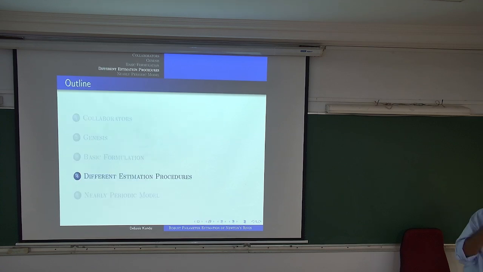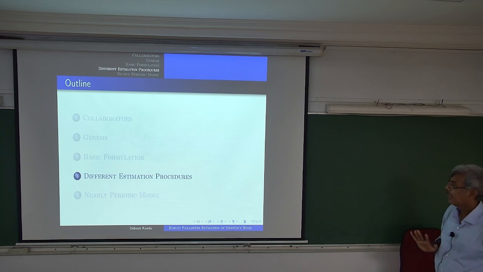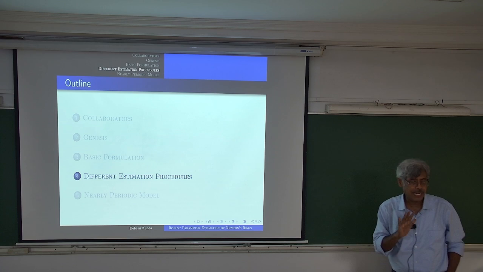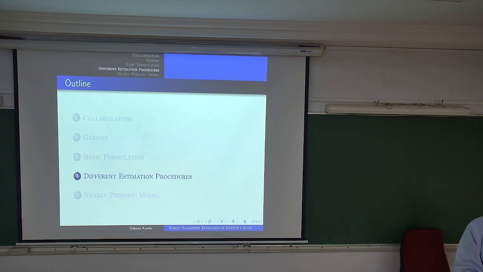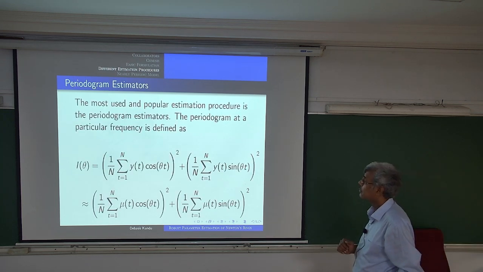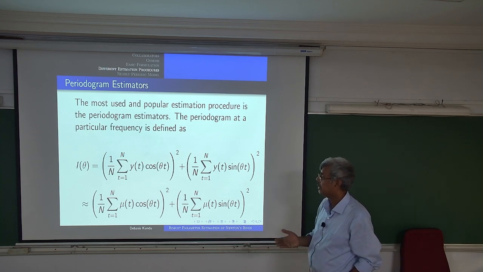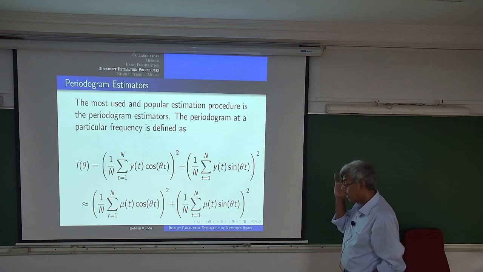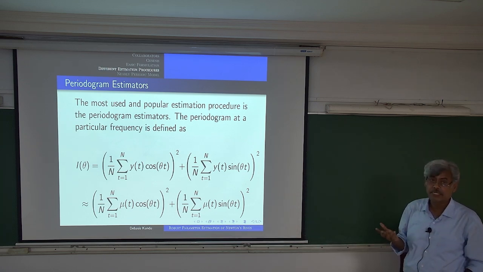Okay, so let's look at some of the simple, or I would say standard, estimation procedures that are used for the one-dimensional case. One of the very standard ones, which I think the majority of people use, is the periodogram estimator, and I think it is used extensively by electrical engineers.